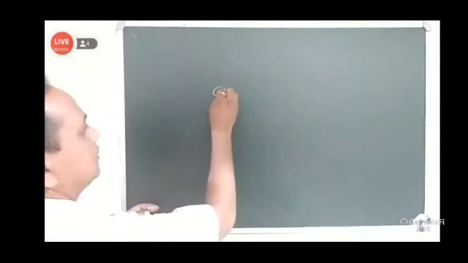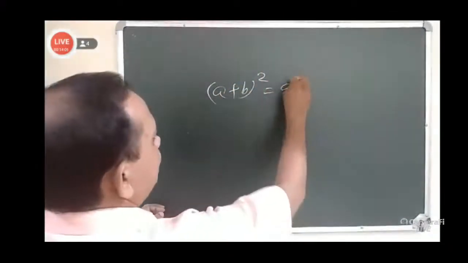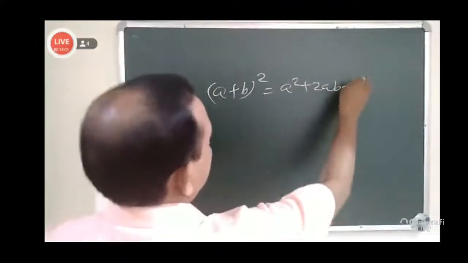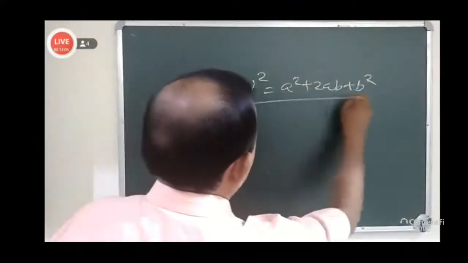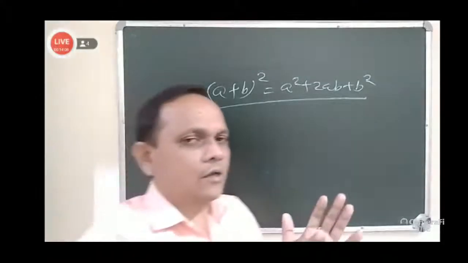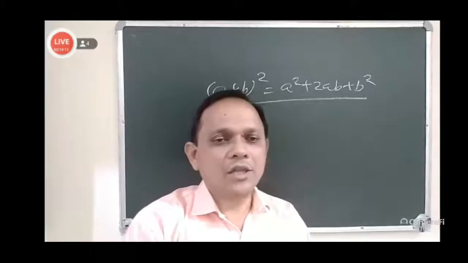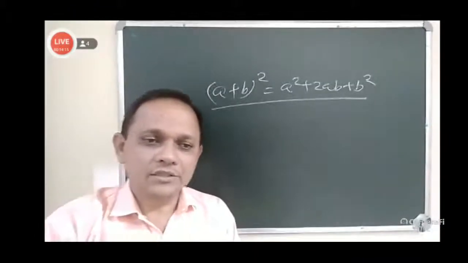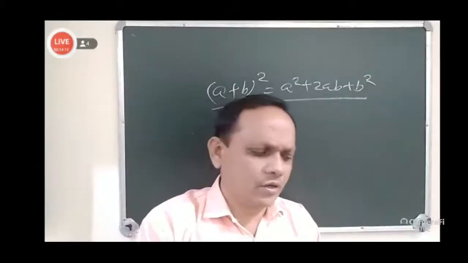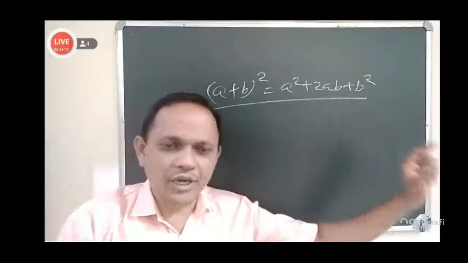Suppose any proven statement, for example (A plus B) the whole square equals A square plus 2AB plus B square, can be considered as a lemma. Suppose the sum of all angles of a triangle is 180 degrees, that can also be taken as a lemma. Lemma means any proven statement which is used for proving another statement.